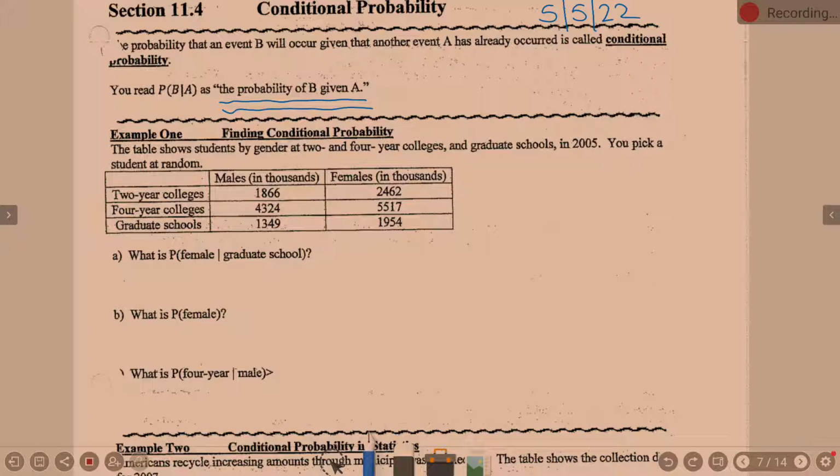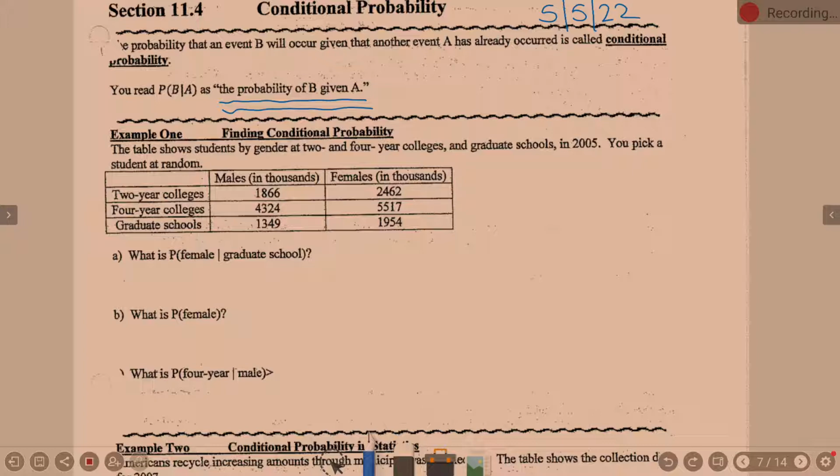So really, males in 2-year colleges is 1,866,000. But because they're all given in the same form, we can just use the numbers given. So we've got 2-year, 4-year, and then graduate schools, males versus females.